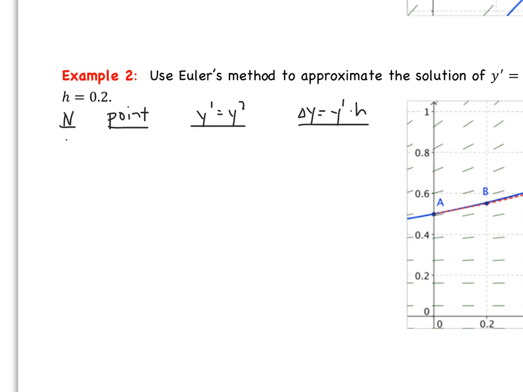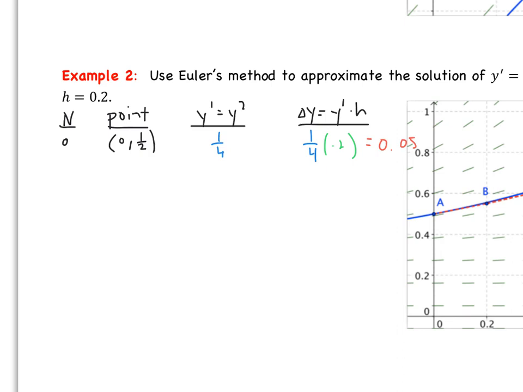So the first step, we are at the point 0, 1/2 again. What's y prime going to be? Well, y prime is 1/2 squared, which is 1/4. So we take that y prime, 1/4, times our h value, which is 0.2, and we get 0.05.